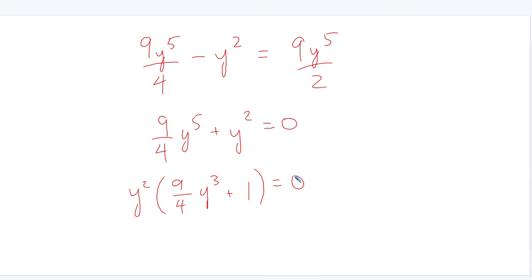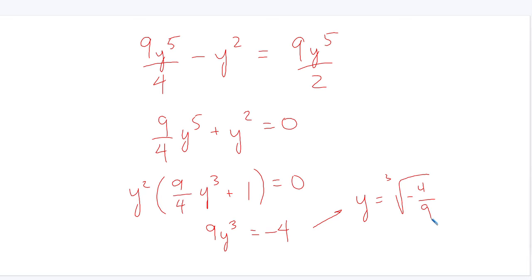And we can ignore the y squared equals 0 because we already dealt with that. We already got y equals 0 as one. So we end up with 9y cubed equals negative 4, or y cubed equals negative 4/9, or y is equal to the cube root of negative 4/9.